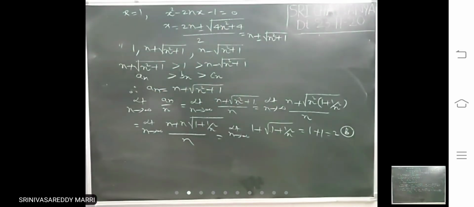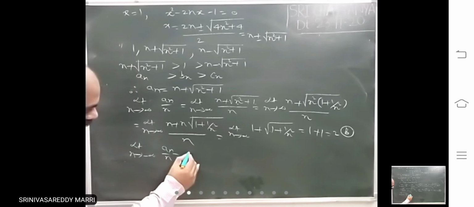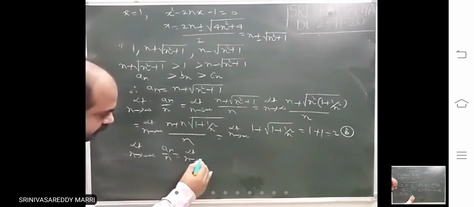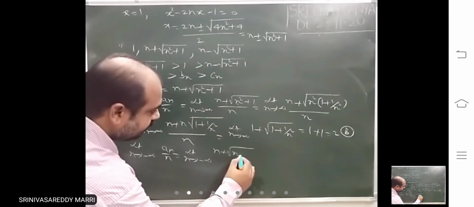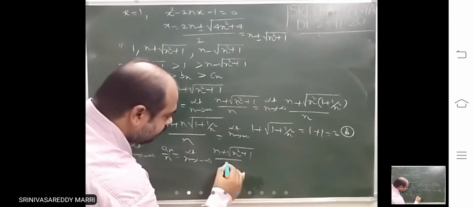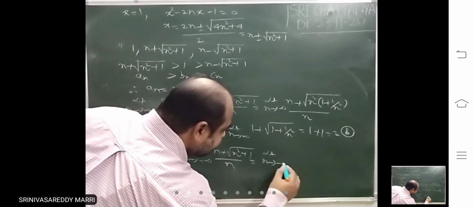B option is correct. Next, the limit as n tends to minus infinity of the same an by n. Now n is negative here.